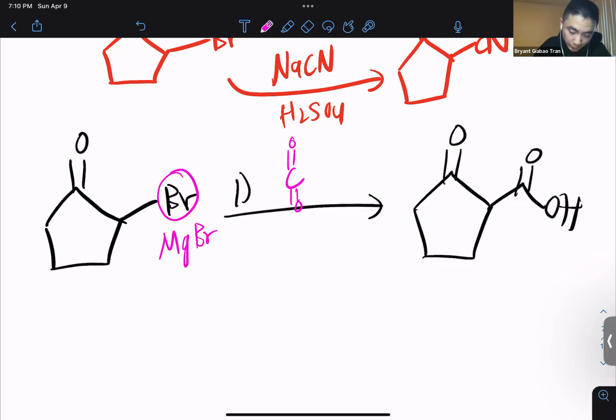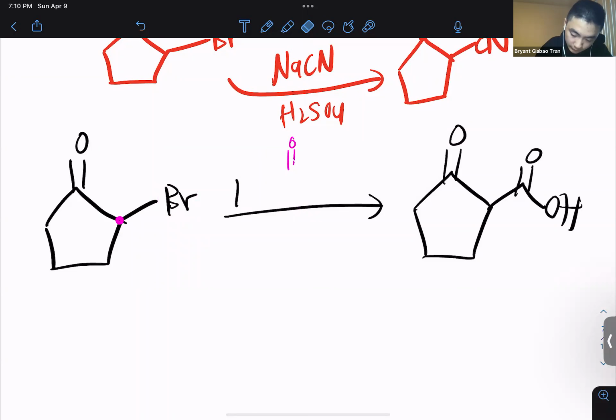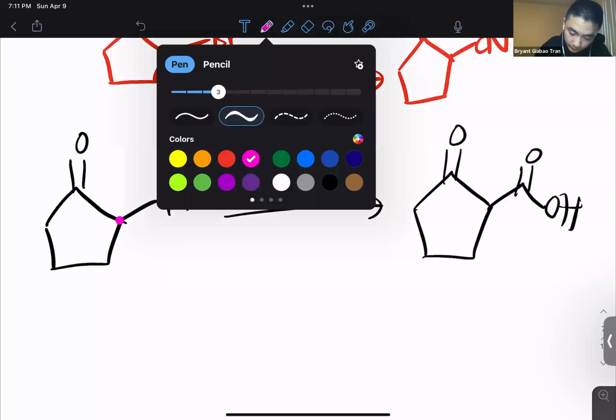But we would have to protect this ketone as well, because once we form this MgBr, then this carbon here that's connected to the Mg can do an intermolecular reaction and attack that electrophilic carbon. So we would have to protect that ketone group as well. So the first step is to protect the ketone.